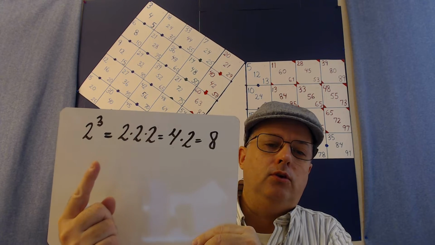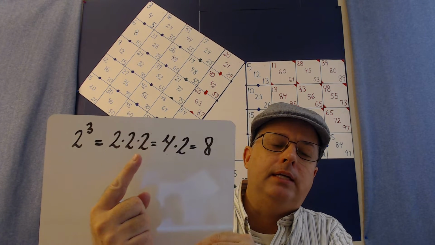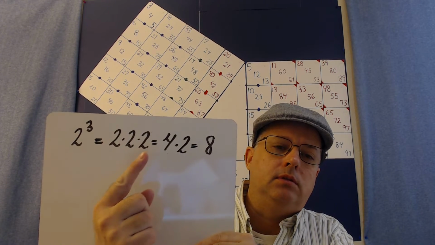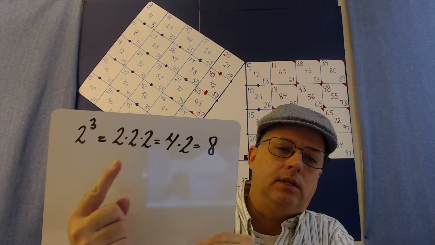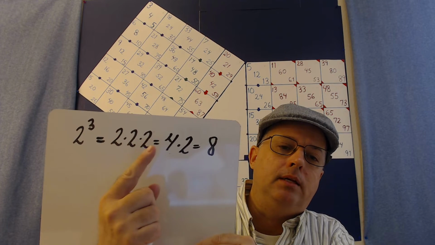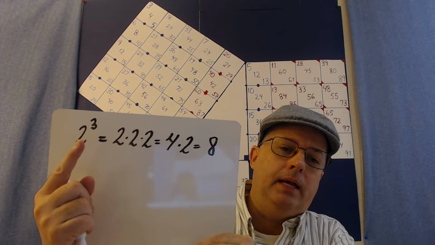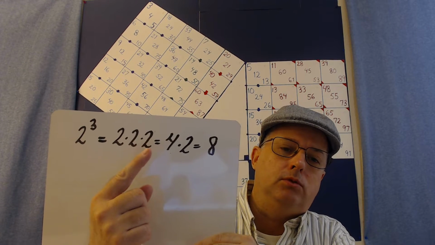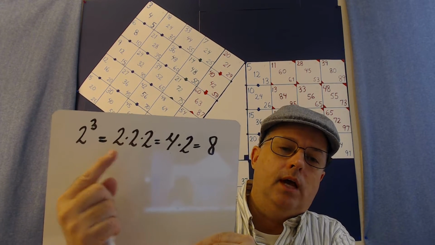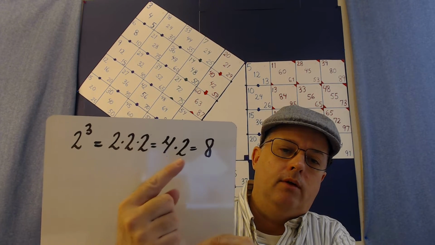So 2 to the third means 2 multiplied by itself 3 times. That's what this exponent notation is saying to us. It's telling us how many times to multiply the base. And so we say 2 to the third is 2 times 2 times 2, 3 times. And 2 times 2 is 4, and then 4 times 2 is 8. And so we say that 2 to the third is 8.